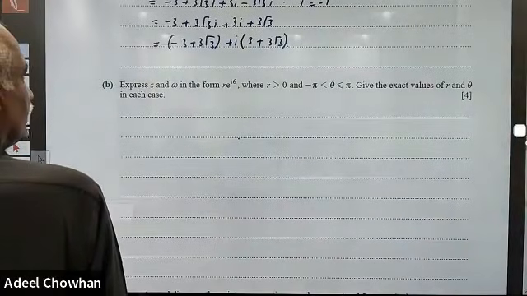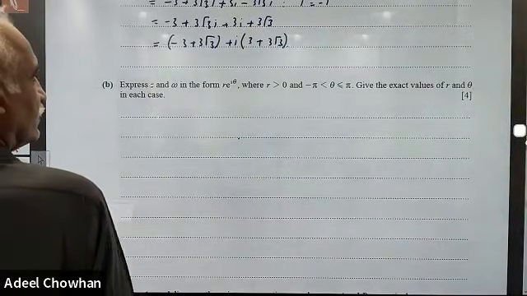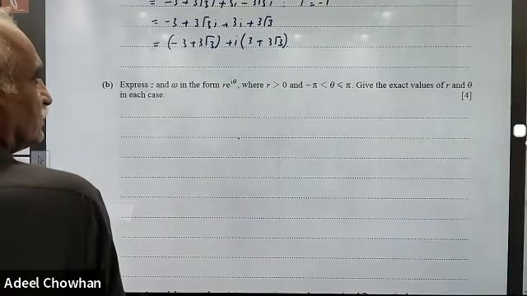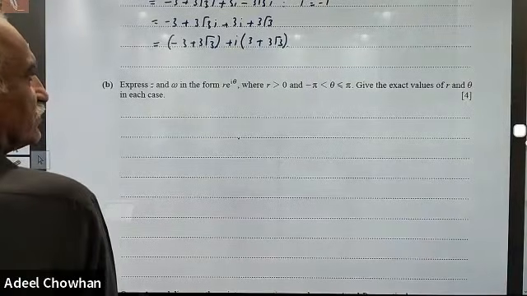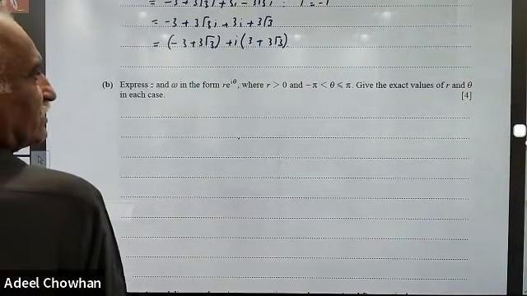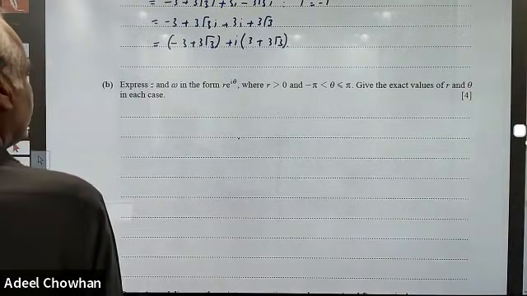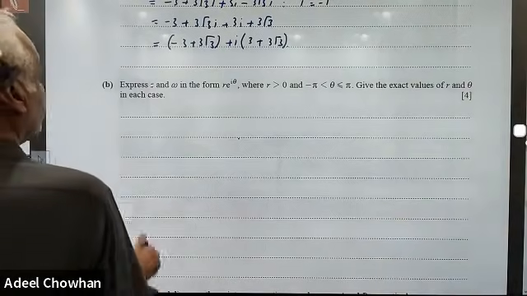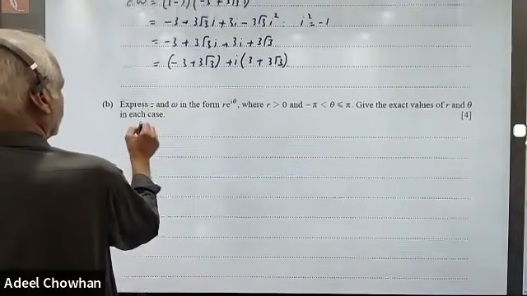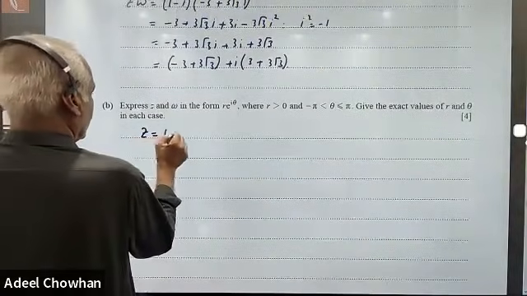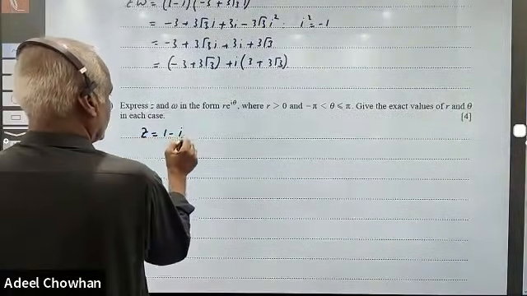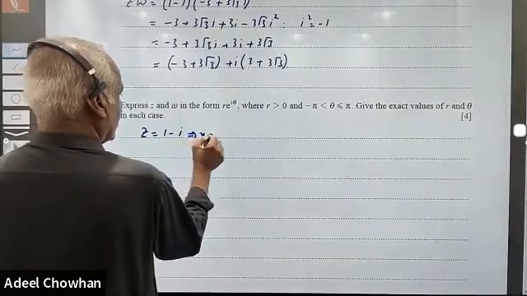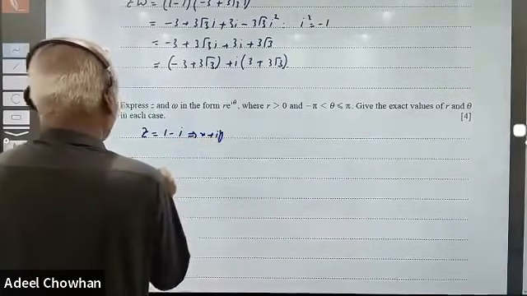Express z and w in the form of r e iota theta, where r is greater than 0 and theta lies between minus pi to pi. Give the exact value of r and theta. Since z is equal to 1 minus iota, it is x plus iota y.